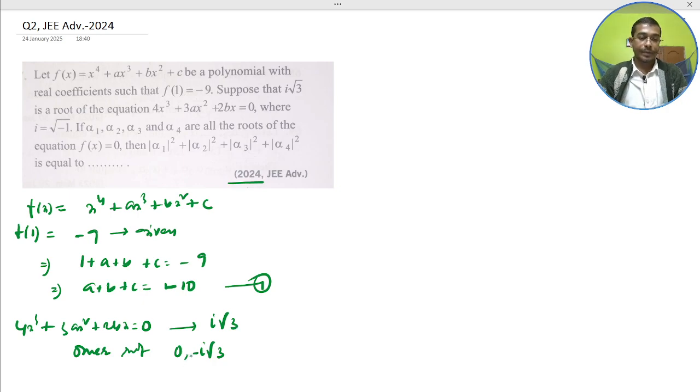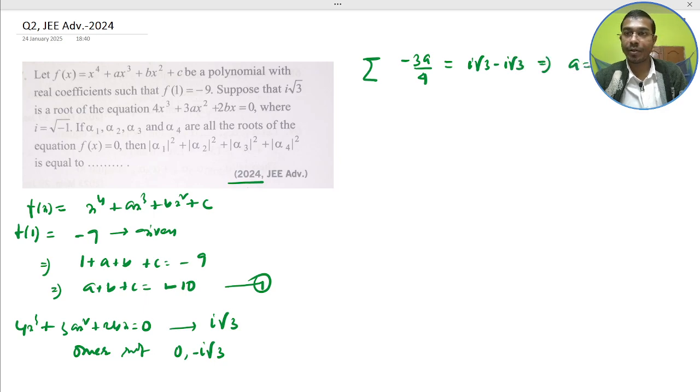So the sum of roots, 3a by 4 with a minus sign, equals i root 3 minus i root 3. That means a equals 0.